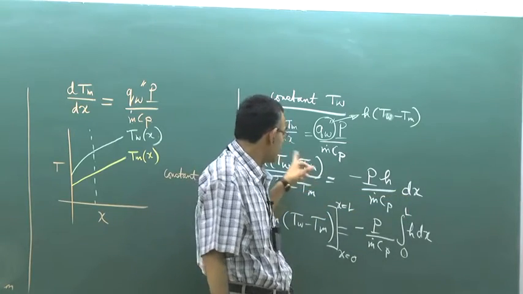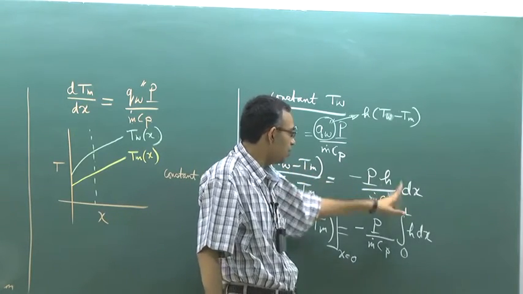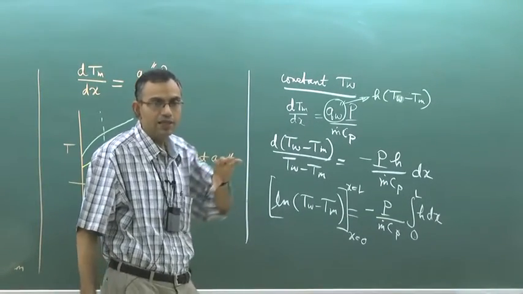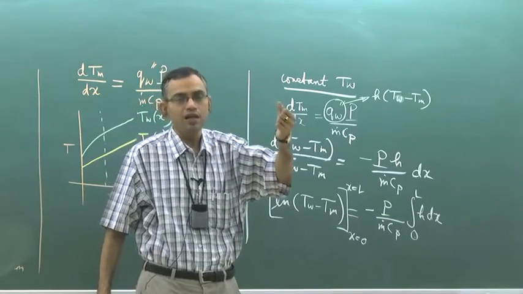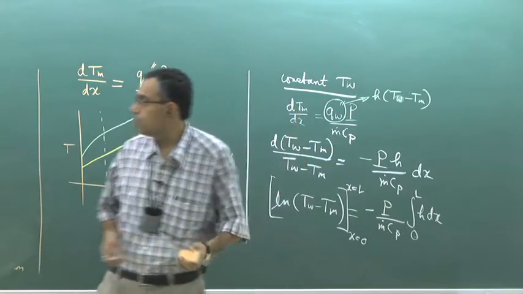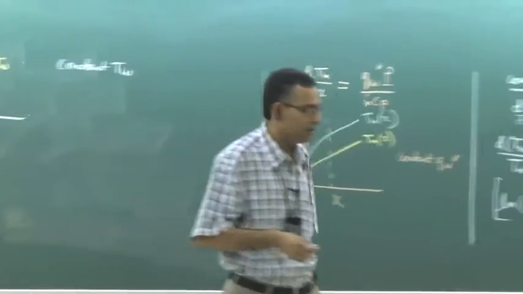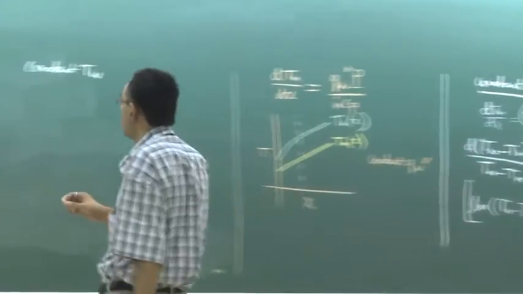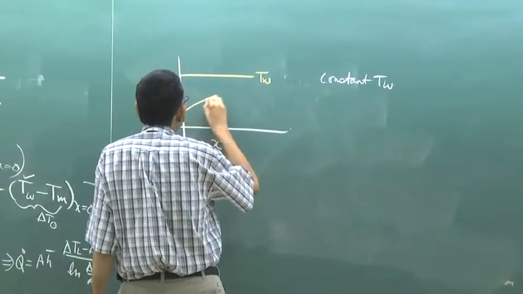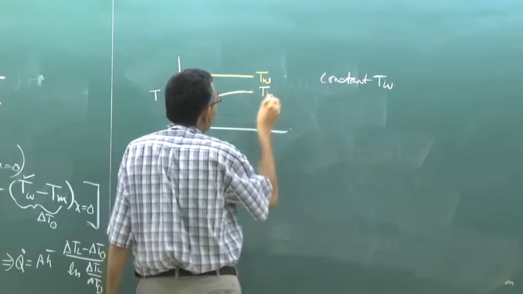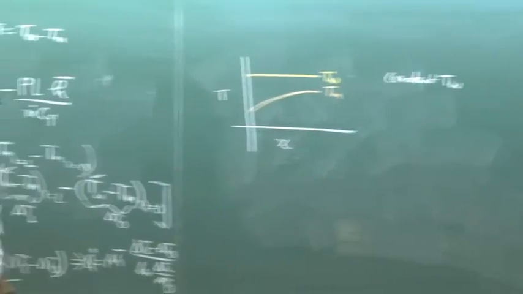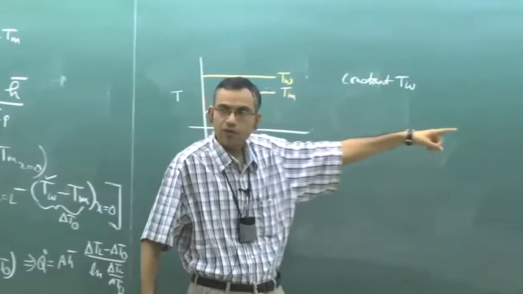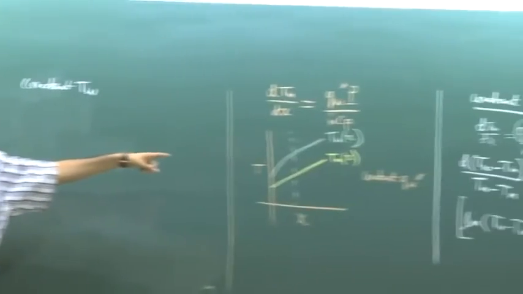So that means Tm has an exponential variation with x. So for constant wall temperature, assuming that the wall is heated, this is Tm as a function of x. This is an exponential curve. Why an exponential curve? You can look from the analytical expression.